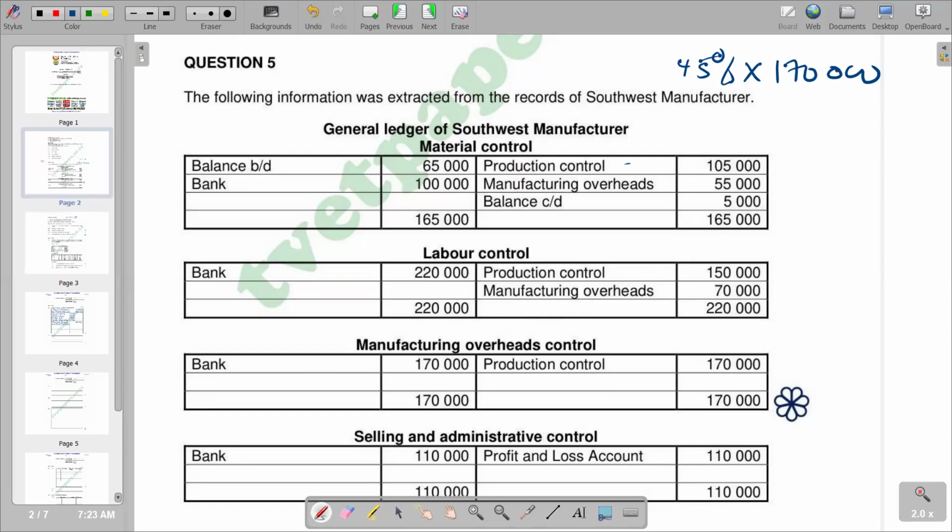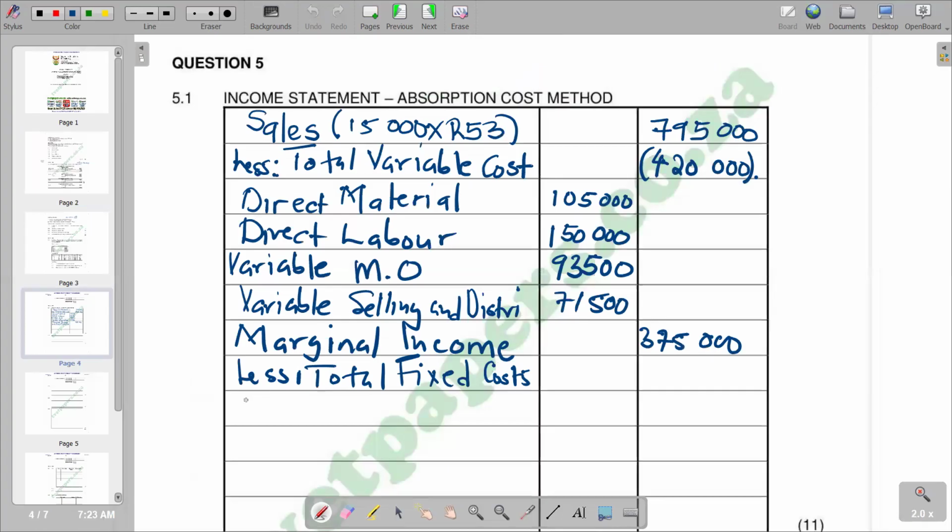So we come here, we say fixed manufacturing overheads, and then we got it as 76,500.